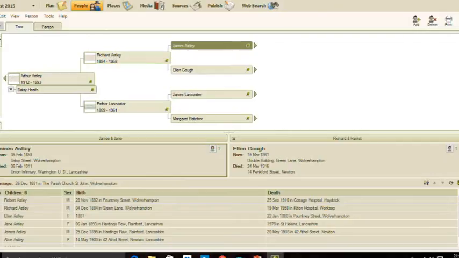So in this intervening period where I couldn't get past the problem of not being able to find the marriage certificate of James Astley and Ellen Goff, I also found out quite a lot more sideways, as it were, and back down. And as you can see from here, I've found the names of quite a lot of children that were members of James and Ellen's family, not just my grandfather Richard and this chap Robert.